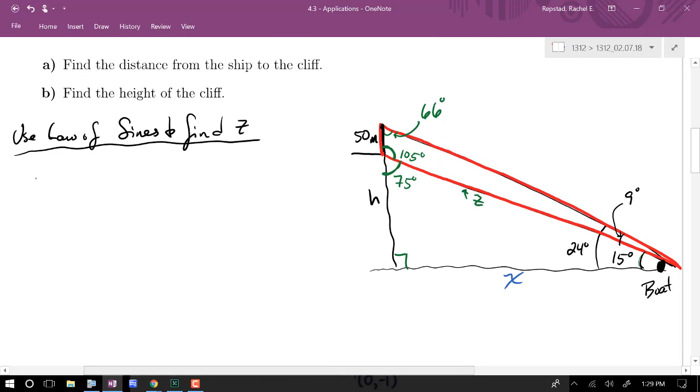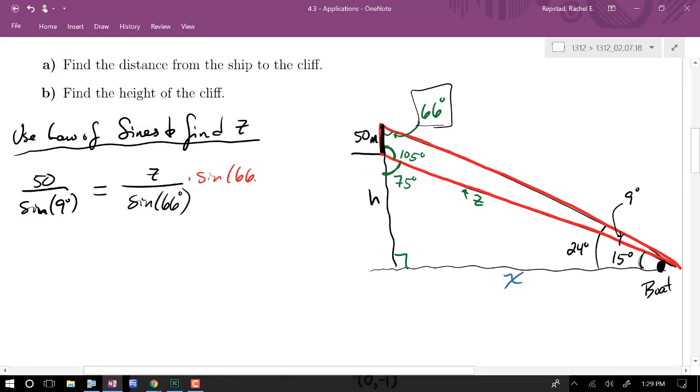Our matched pair: 50 over sine of 9 degrees is, now the angle opposite side z is the 66 degrees, so this would be z over sine of 66 degrees. We can multiply both sides by sine of 66 degrees.